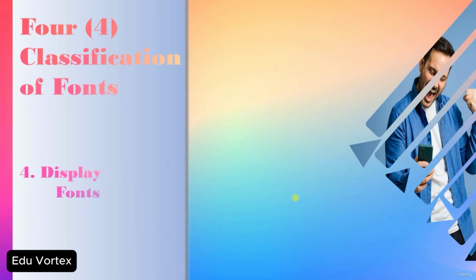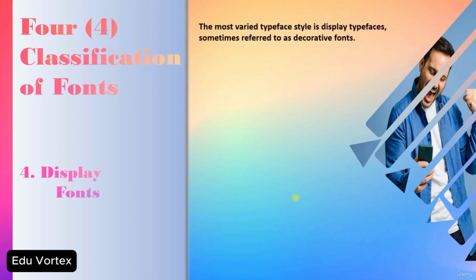Great, so now we have the display font. Previously we've looked at the serif fonts, the sans serif font, the script font, and now we are on the display font. So now let's have a look at what a display font is. Here we have the most varied typeface style, display typefaces, sometimes referred to as decorative fonts.